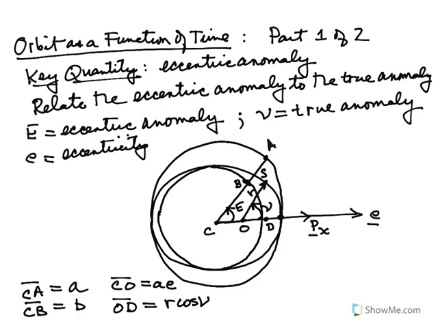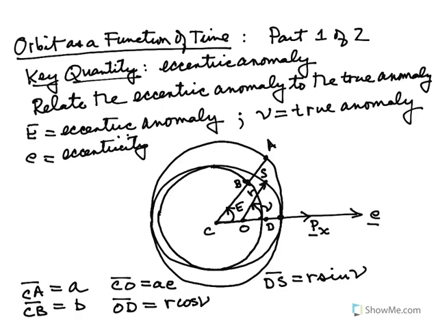Now we're going to go vertically. You note that the distance from D to S is equal to r times the sine of nu. It's kind of the same analogy as what we had with the horizontal distance.